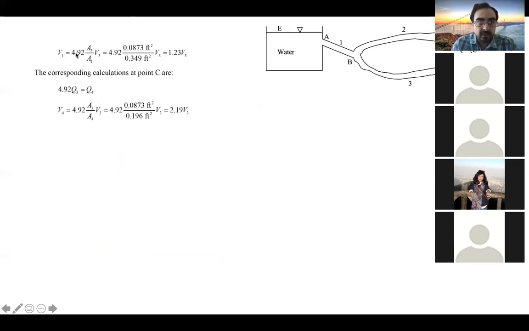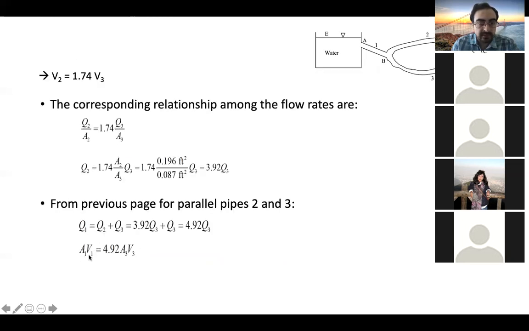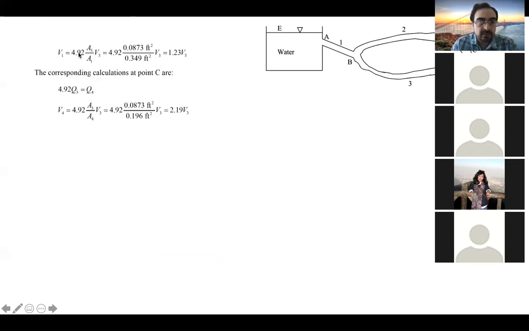So V1 equals 4.92 times A3 over A1 times V3. And again, I had already calculated the areas, so I just substitute them here. 4.92 times the ratio of the areas times V3 equals 1.23 V3. So again, we found a relation between V1 and V3.